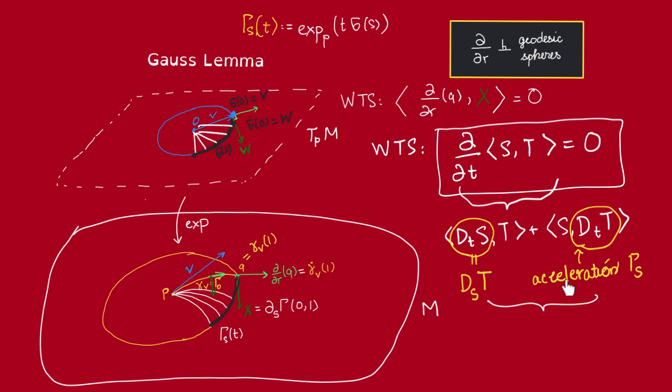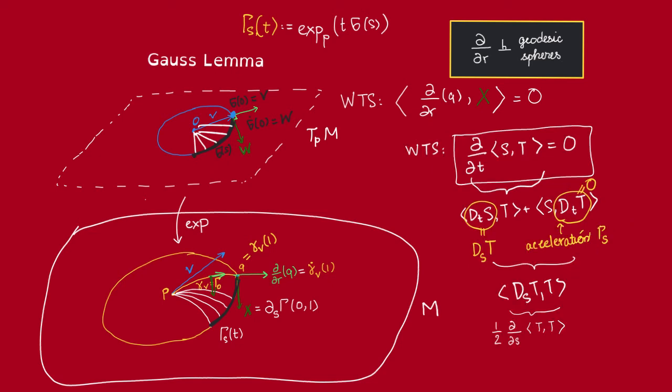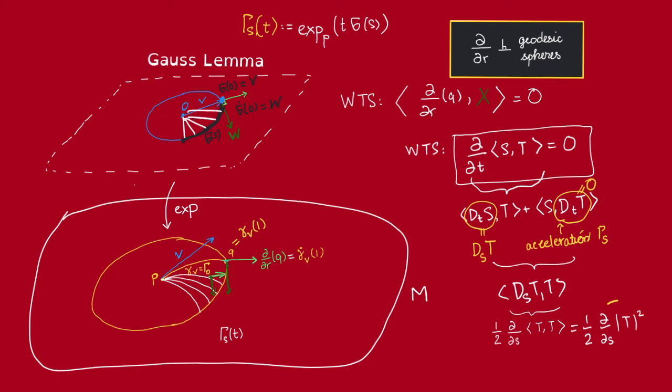So by definition of geodesics, this acceleration must be zero. They shouldn't have any acceleration. And thus, combining these two things, we know that this left-hand side must be equal to this. Again, by product rule, we know that this must be equal to just 1/2 of this derivative. And that this partial must be zero.